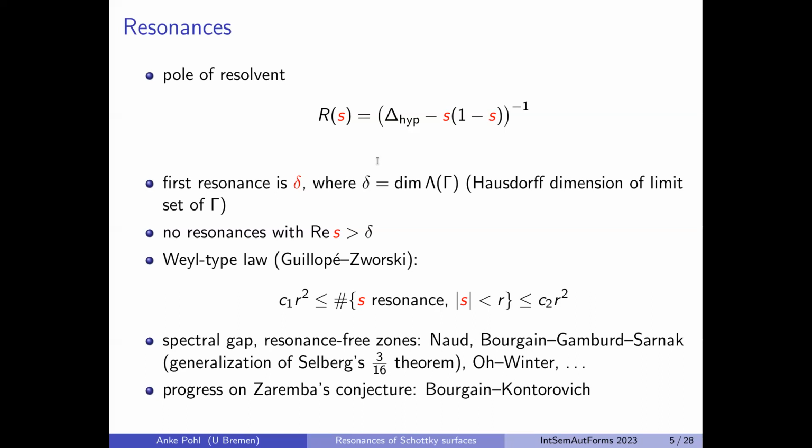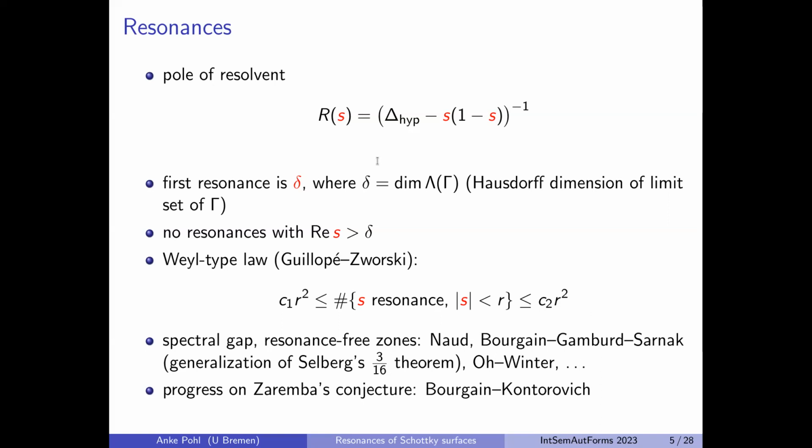So important information, for example, is the first resonance, in terms of when you draw resonances in the plane of s, so real part of s, imaginary part of s, and then first means coming from the right.